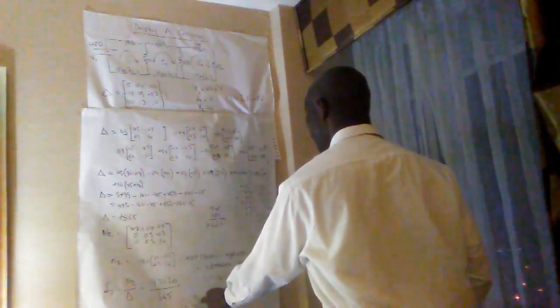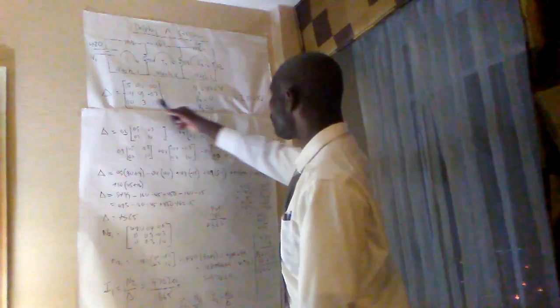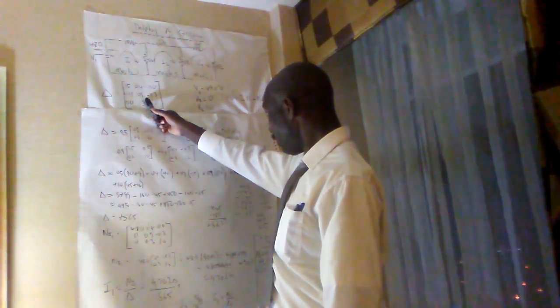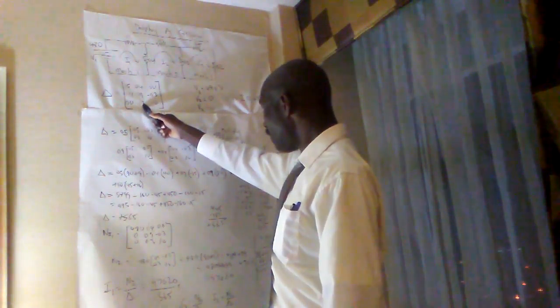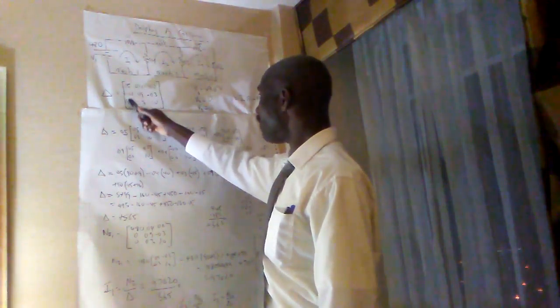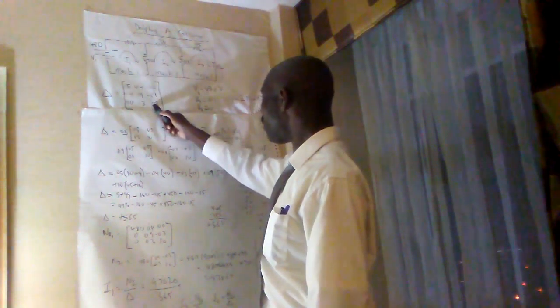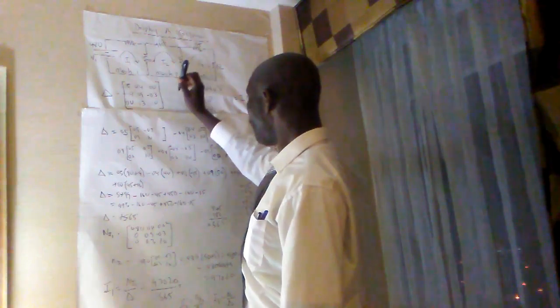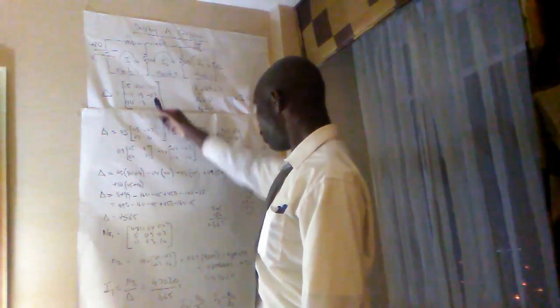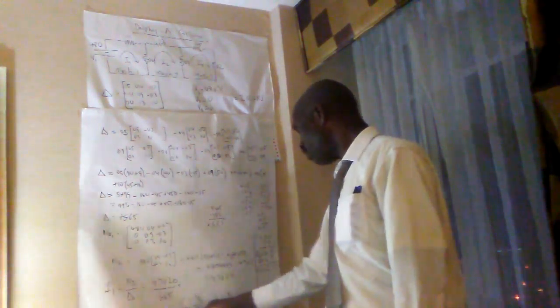But we know delta to be equal to 565, so the delta won't change, but the numerator value will change. We replace the second column of this determinant by 480, 0, and 0, and maintain the other columns to find I2. And we replace the third column by 480, 0, 0 to find I3. So we're going to find I2 and I3.